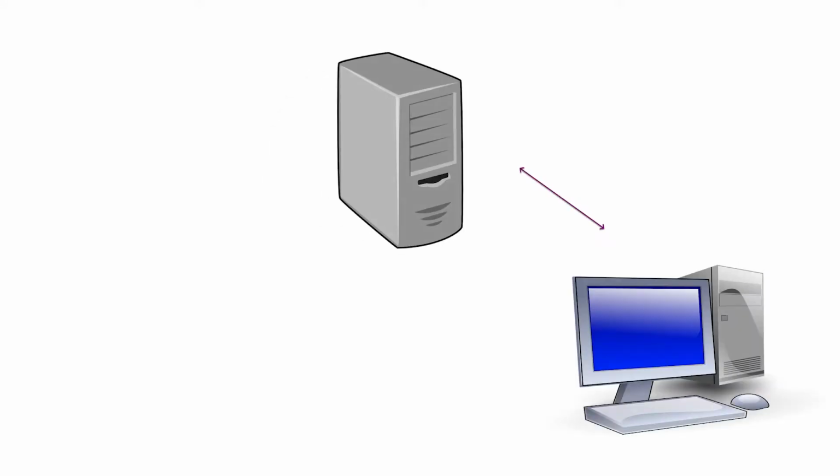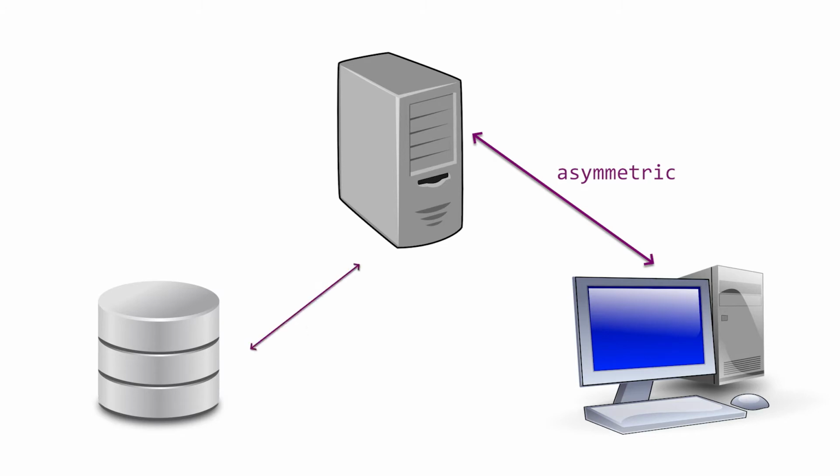We'll be using asymmetric encryption for the communication between the browser and the server. That's the basis of HTTPS, of Secure Sockets Layer. We'll also maybe be using symmetric encryption on the server itself. So any data we're storing in the database that is sensitive in any way, for example credit card numbers, should be encrypted, just in case anyone managed to get hold of the database file and steal it.